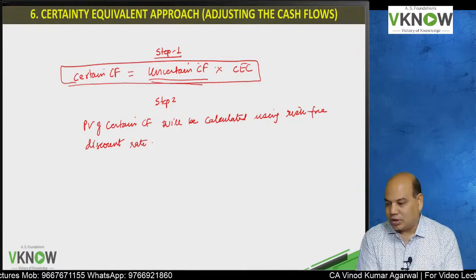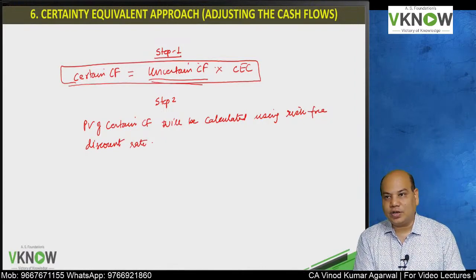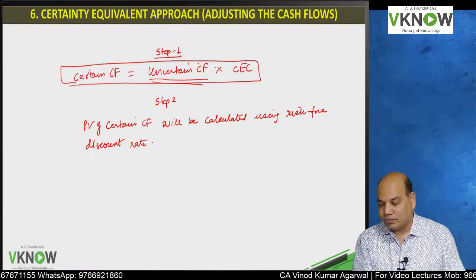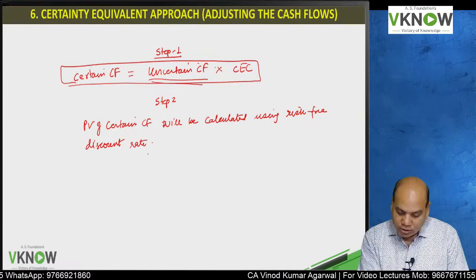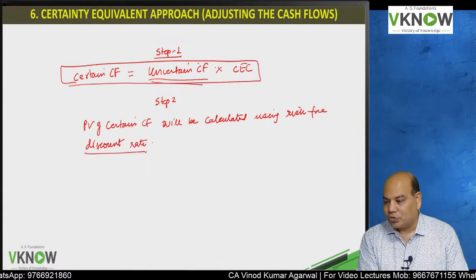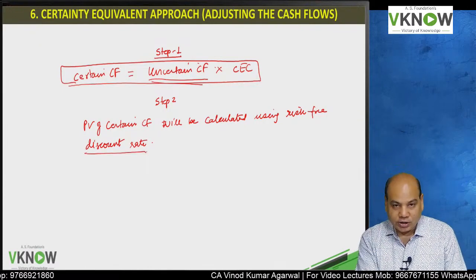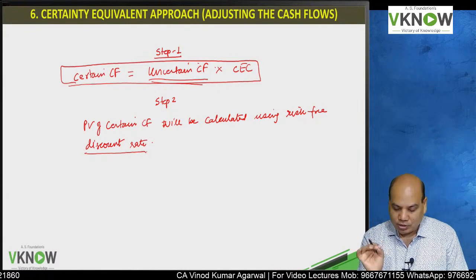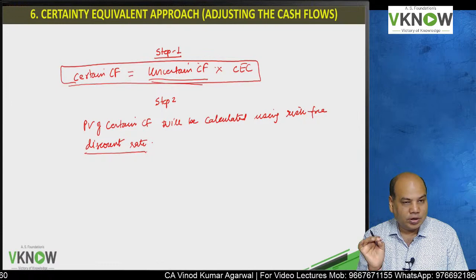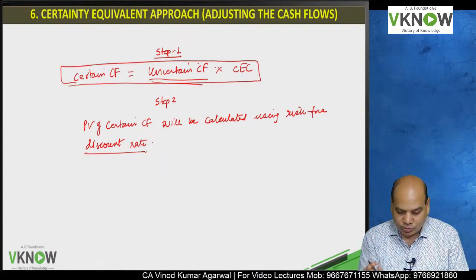The discount rate should be the risk-free discount rate. The discount rate should not include risk premium. So I am going to use a risk-free discount rate, and the decision making rule is the same. If NPV is positive, accept the proposal. If NPV is negative, reject the proposal.